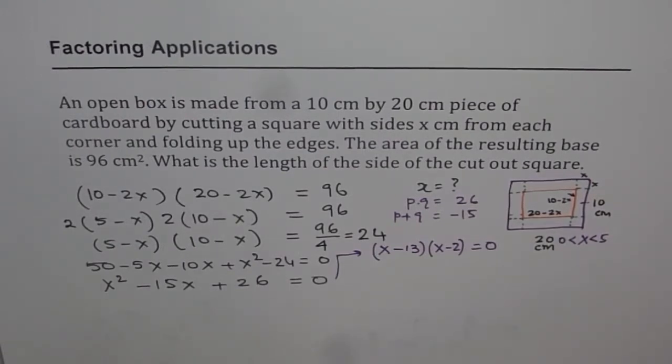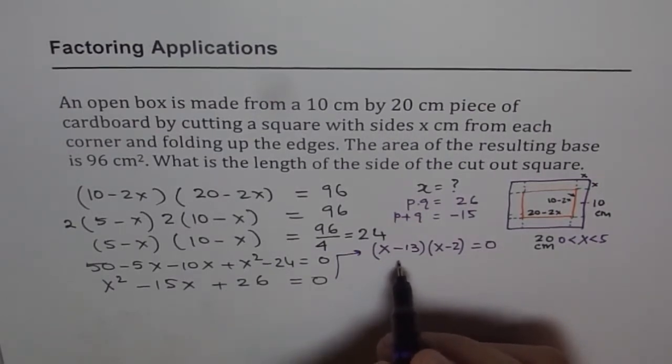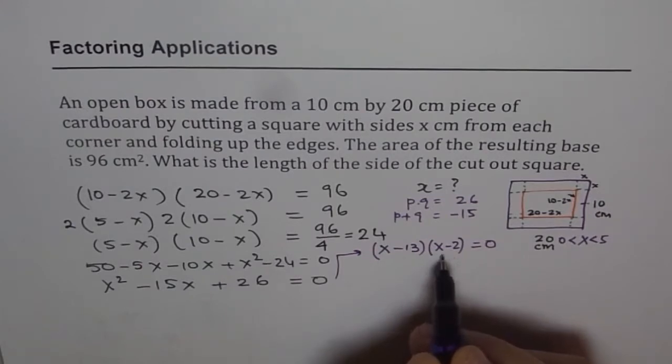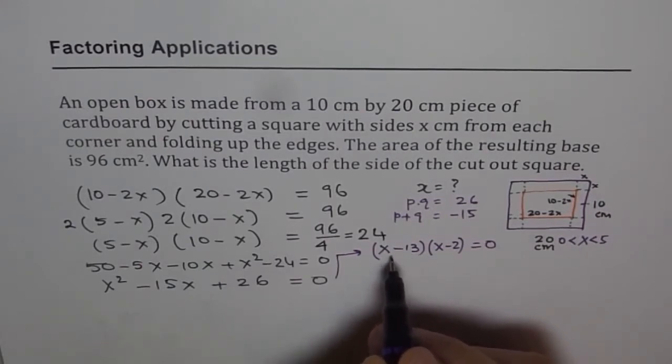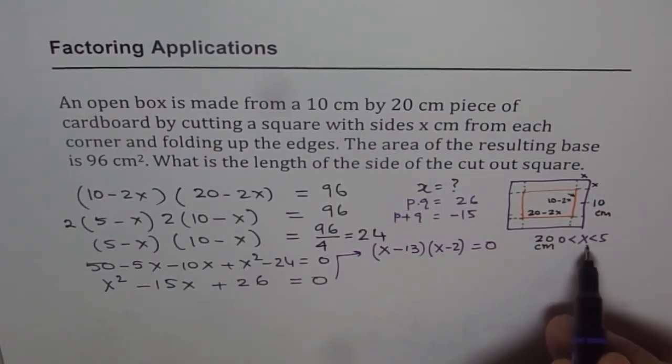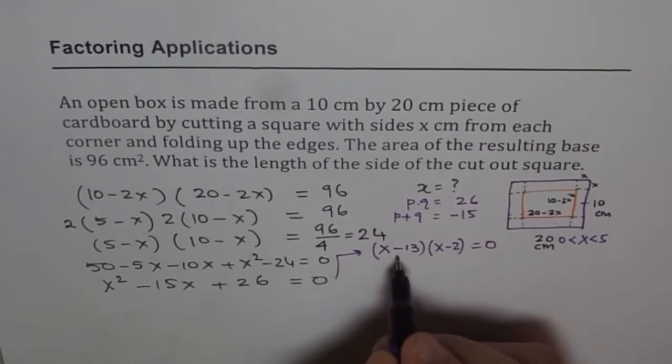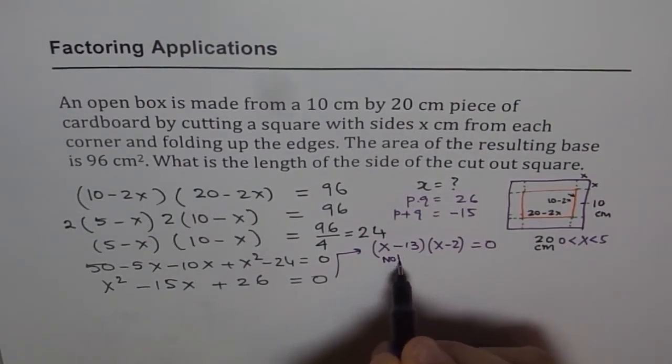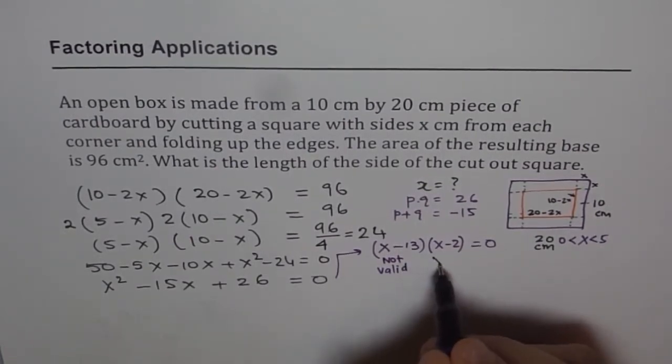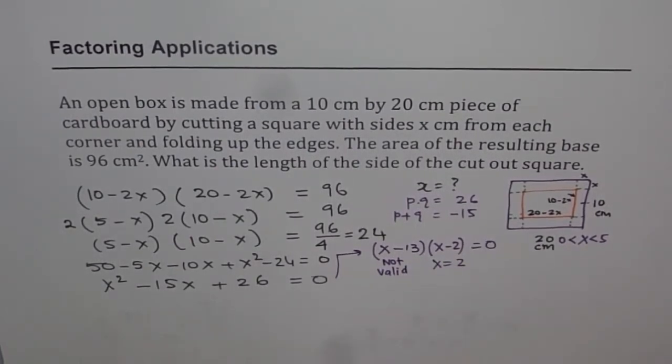And therefore, from this particular equation, we have two solutions. One is x equals to 13, the other one is x equals to 2. But x equals to 13 is not a valid answer since x should be less than 5. Do you see? So this one is not valid. But this is valid. So x equals to 2 is the valid answer, right?